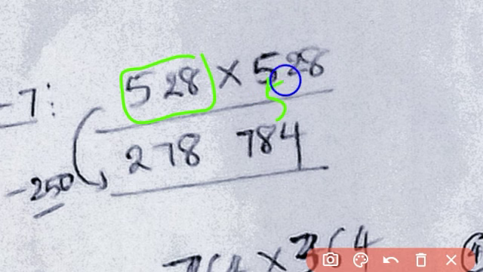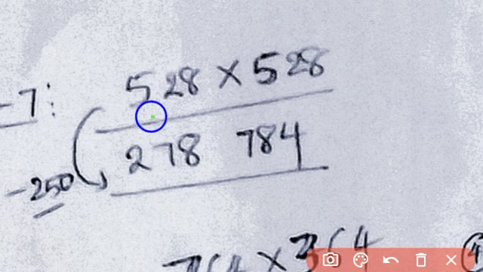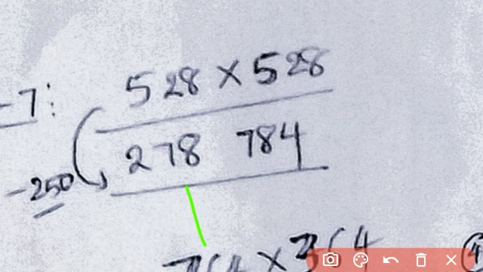Assume 500s into 5, the same number, divided by 10, you get 250. So subtract that number with 250. How much will you get? 8 and 7 and 4 minus 2, 278 you get. Here is your 278.